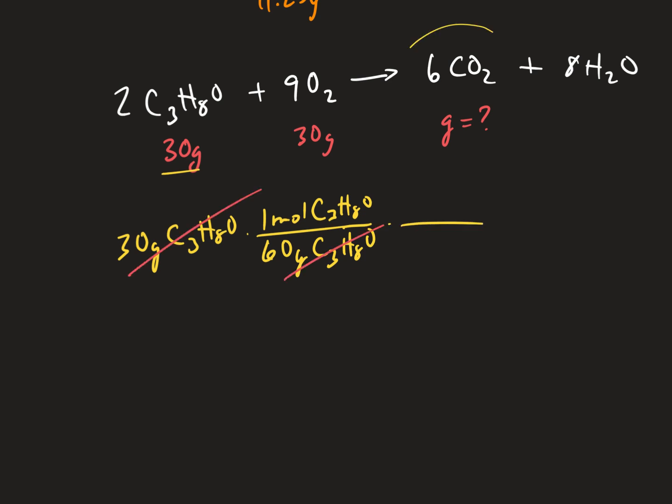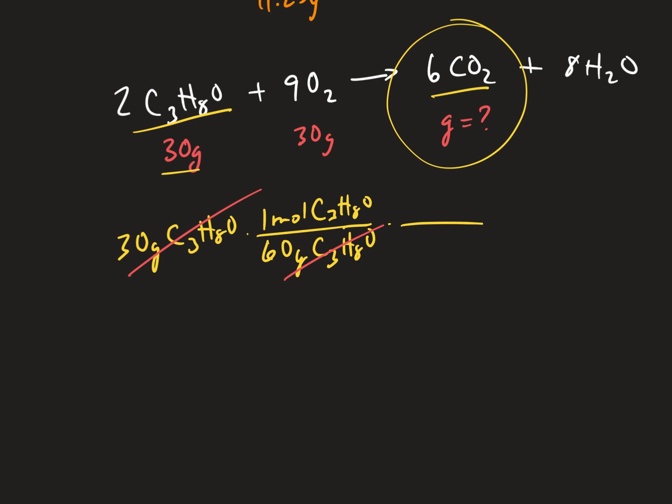And we're looking for grams of CO2, so let's go to grams of CO2. Well, we can't get there yet. What is the next step on our mole roadmap? First of all, we have to go from this to this. Using our mole roadmap, it says go to mole-to-mole ratio. So what goes on bottom?